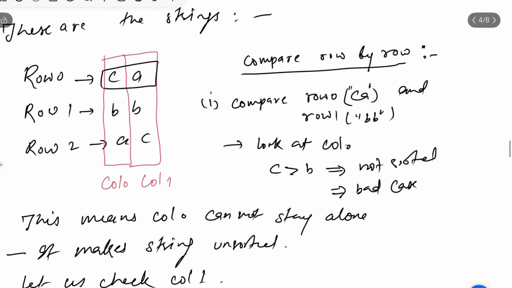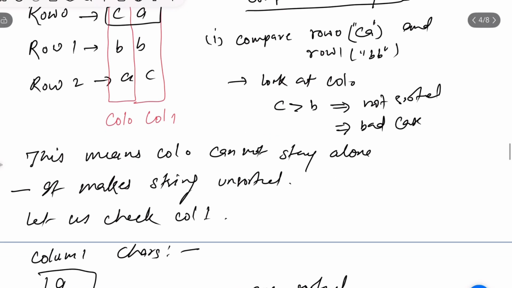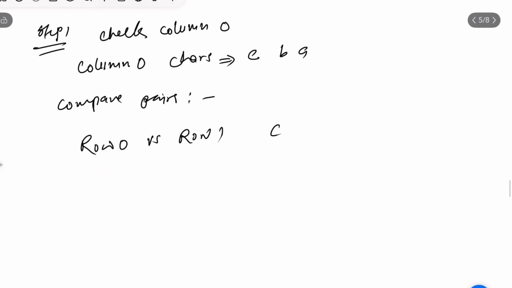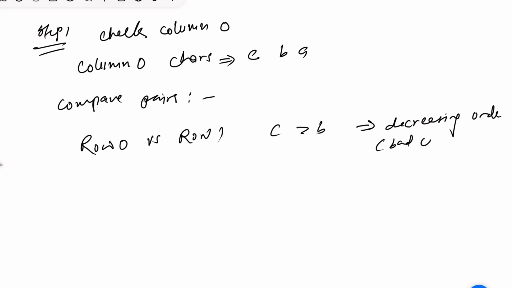Once you compare this, you will see that C is greater than B, which is decreasing order, and this is our bad case, a bad column.